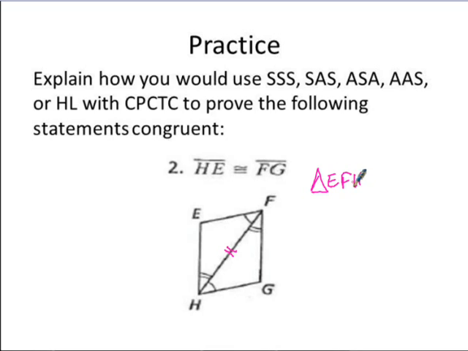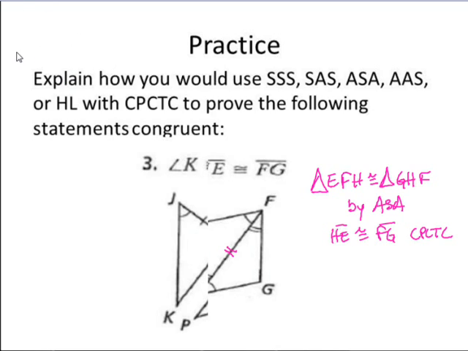I go from E to F to H, so because I started at E, I'm going to go to G. I went to F first, which is the angle with one congruency marker, so I'm going to go to H, and then to F. So those are congruent by angle side angle. Hopefully you said that. And then I can say that HE is congruent to FG by CPCTC, corresponding parts of congruent triangles are congruent.